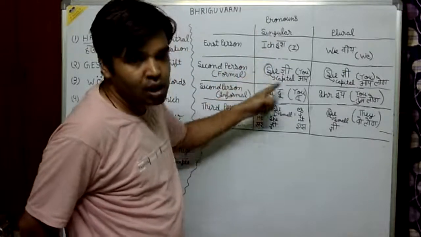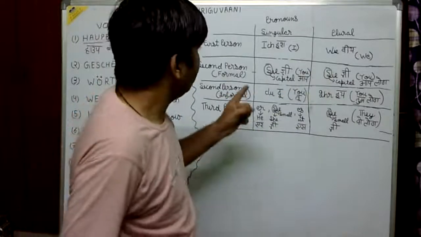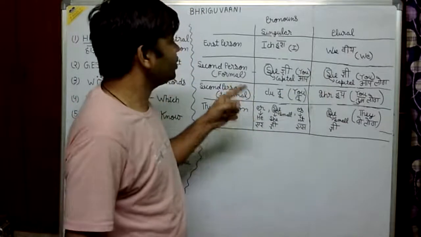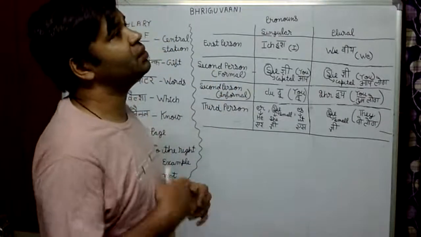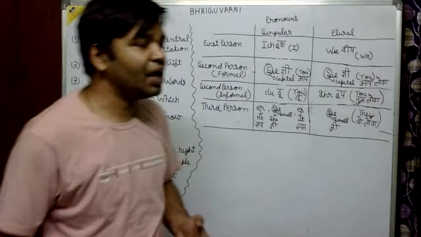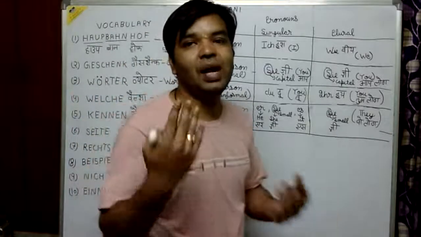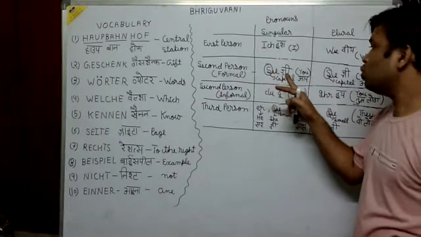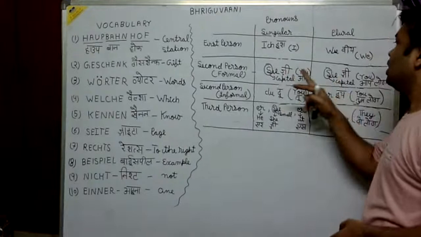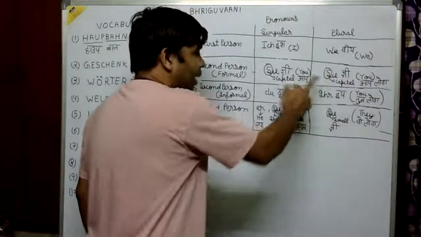It may be singular or plural. We use capital S because in this second person formal case, we are giving respect to someone, and whenever we have to give respect to someone, we use capital S.